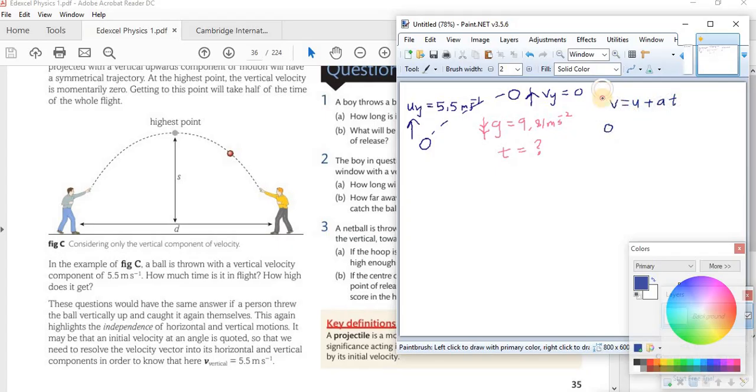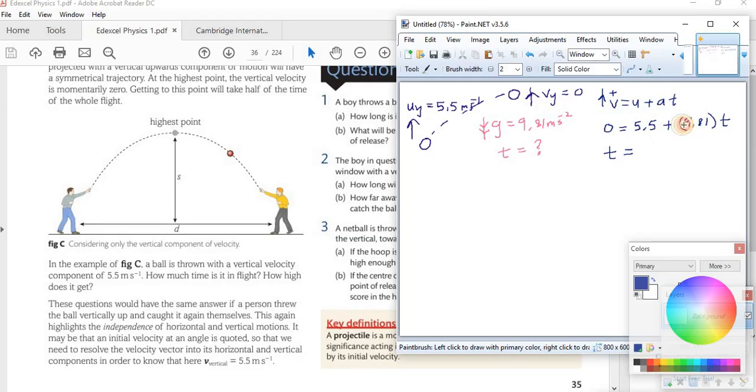Again the direction is important, so we'll take up as positive. So v is 0, u is 5.5 meters per second, plus a, which is vertically downwards, 9.81, and t. Now you can use your calculator.